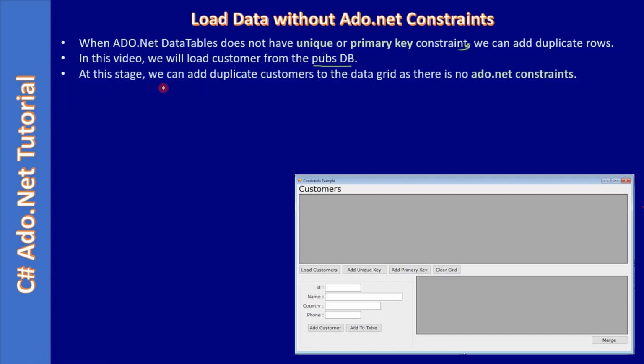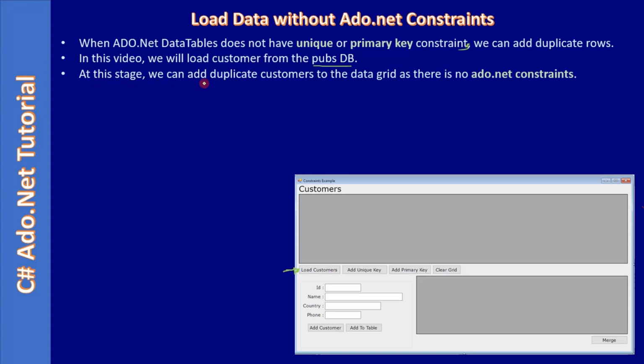So at this stage, here we are loading the content from this load customer button click, right? The load customers button click will read the content from the database and places that in the customer, and it will not add any constraint. So that's what here we are saying.